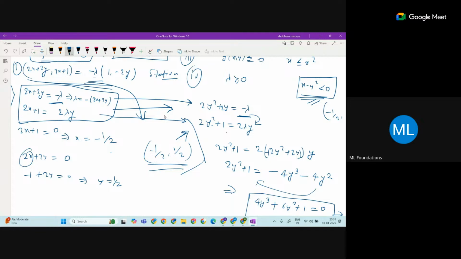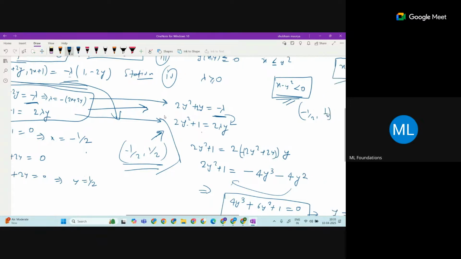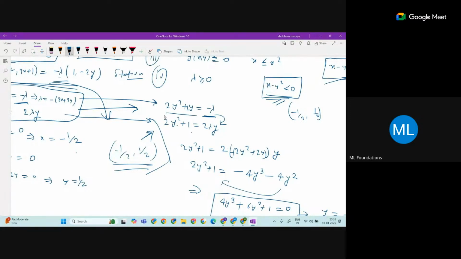From this relation we'll get the lambda value. This will be positive, and this will be negative.